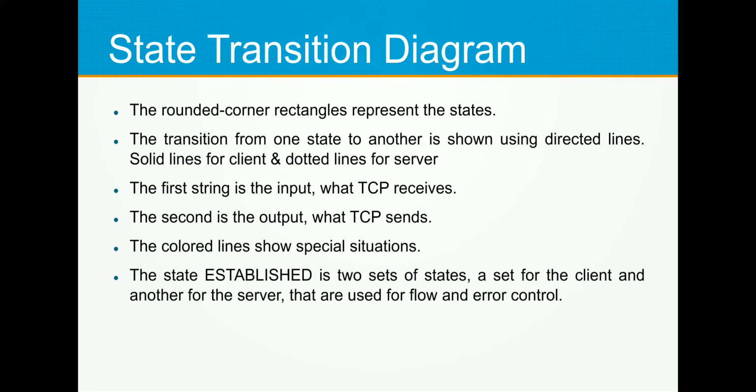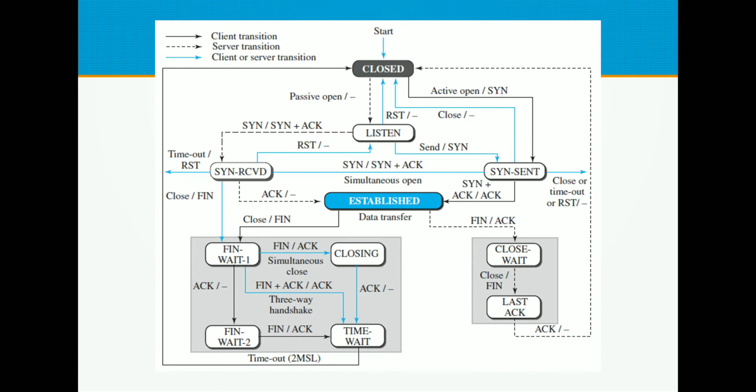But looking at this complex finite state machine, it becomes difficult to understand all the phases. So to simplify it, we look at some scenarios. We take a specific scenario and then model it with a much smaller state transition diagram.